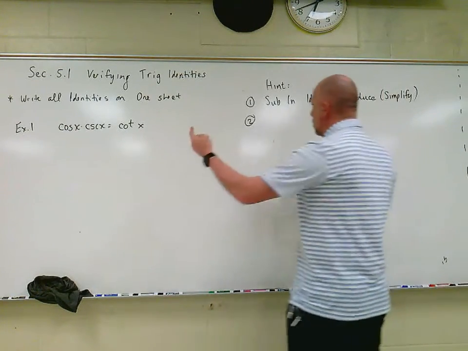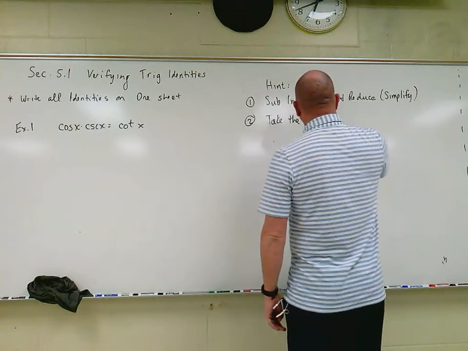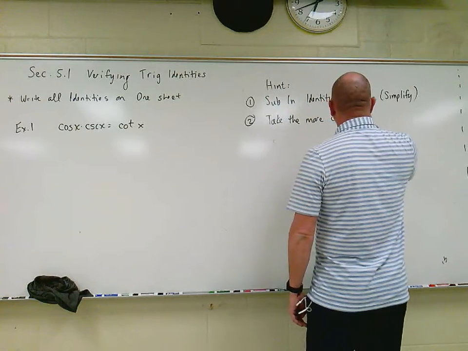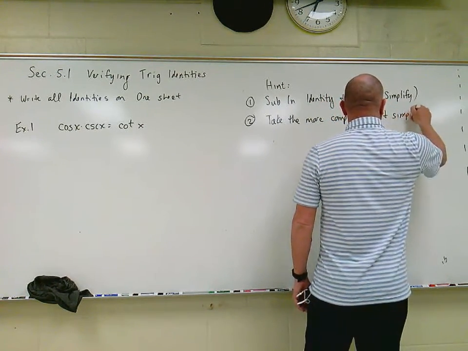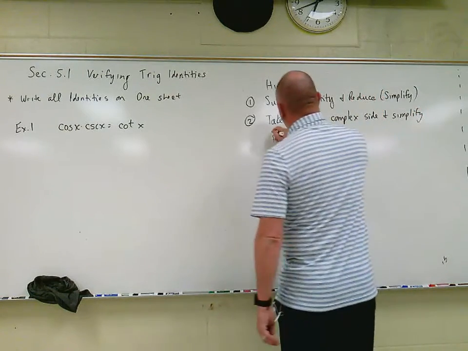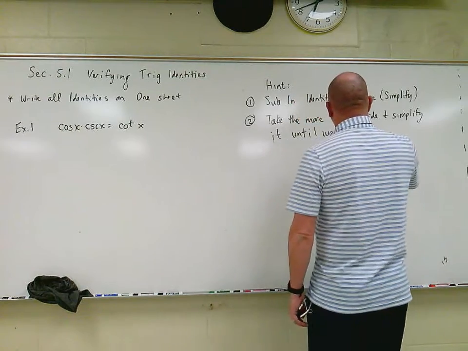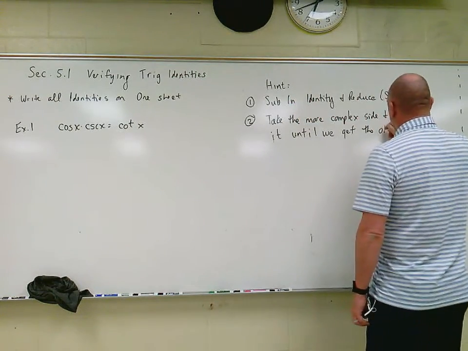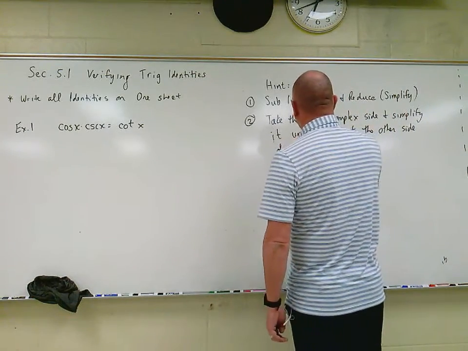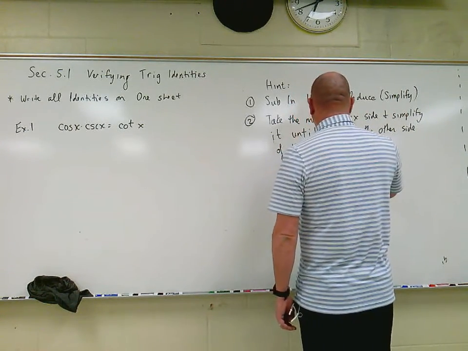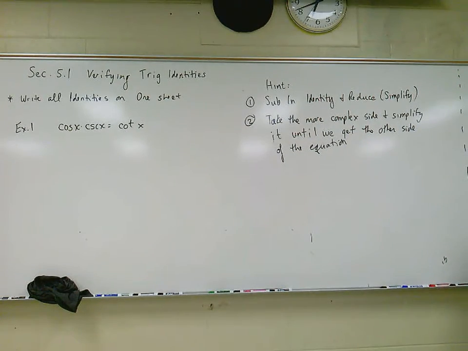So what I'm going to do here is take the more complex side and simplify it, hopefully until we get the other side of the equation. Basically it's like you already know the answer, and what you're being tested on is, can you reduce to get that?